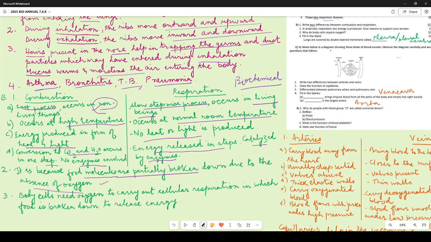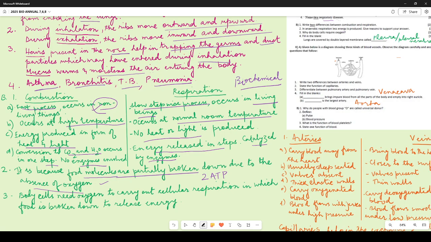When it is fully oxidized, then a large amount of energy is produced. You remember 2 ATP of energy is generated in anaerobic respiration, whereas 38 ATP of energy per molecule is generated in aerobic respiration.